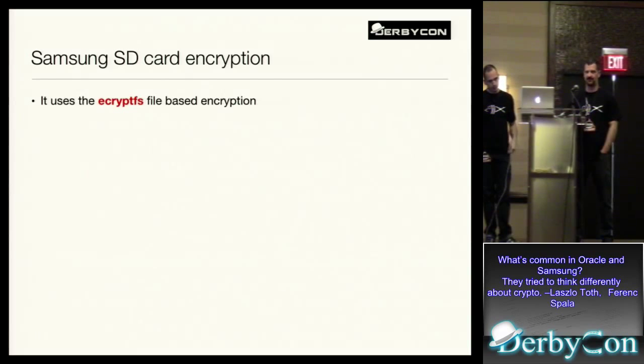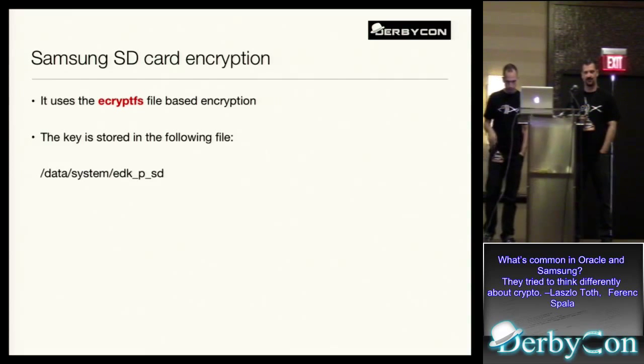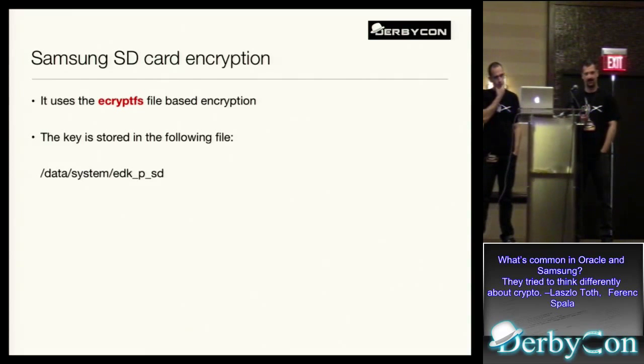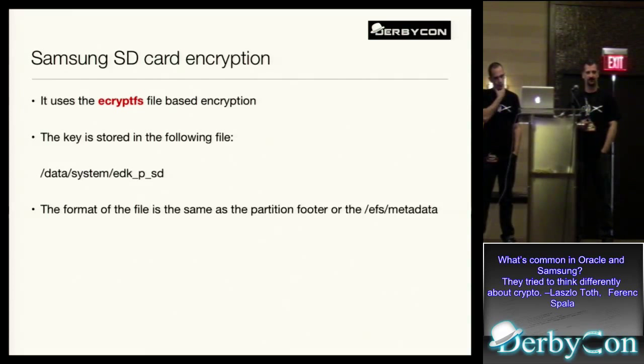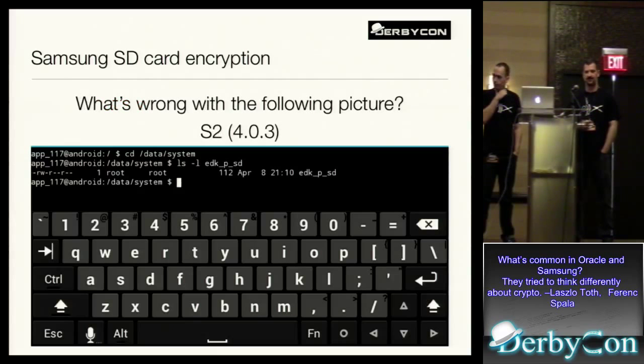It encrypts every file separately. The encrypted encryption key is stored in the following file, and in the same format as for the S2 and S3 disk encryption, and the same encryption is used, so you can use the same John the Ripper module to crack it. Boring. But what's wrong with this picture?